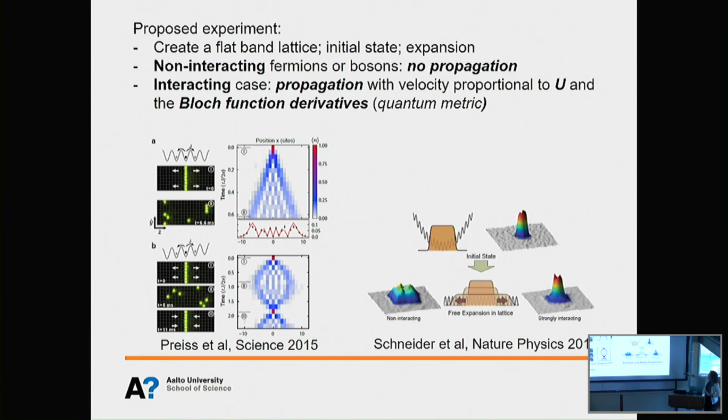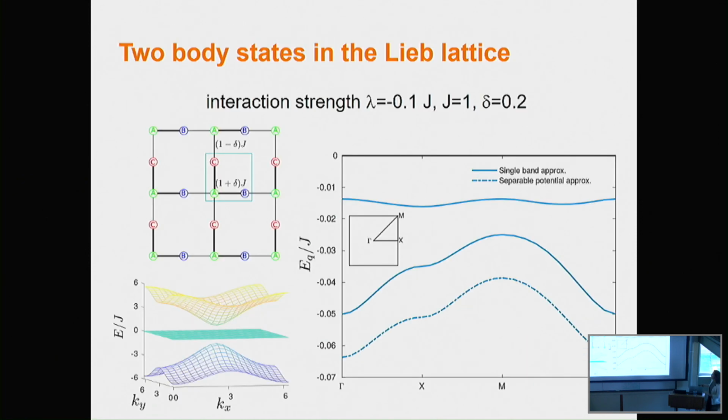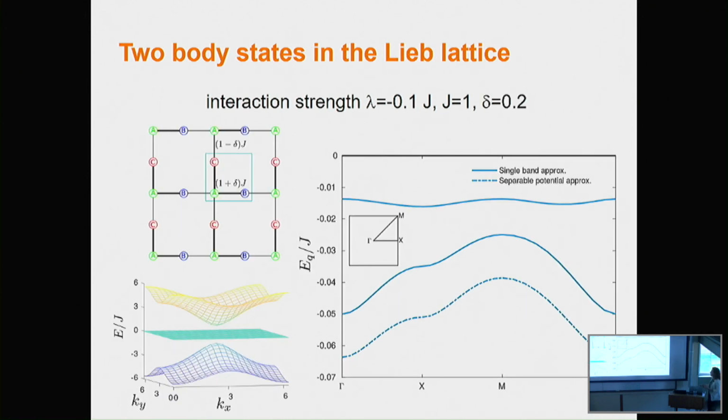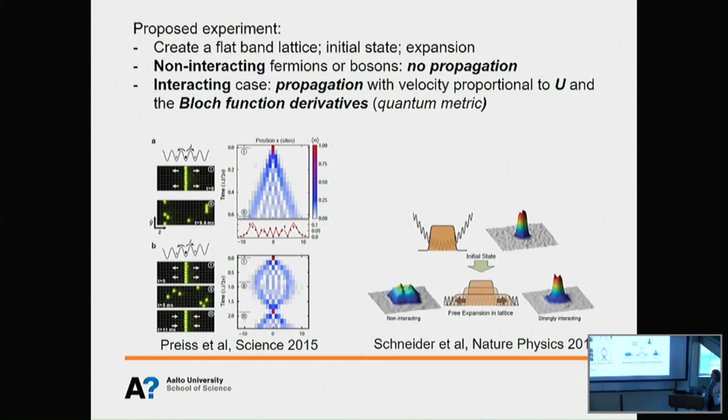And also it depends on these Bloch function derivatives, so if you change the type of lattice, it should be different. For temperatures, the scale would be basically the scale of hopping, that's typically the band gap scale. U should be lower, of the order of hopping, and then the temperature may be a quarter of the hopping or something. It doesn't need to be like 1% or something.